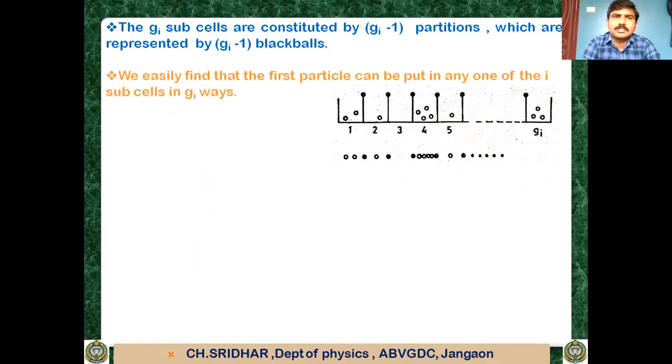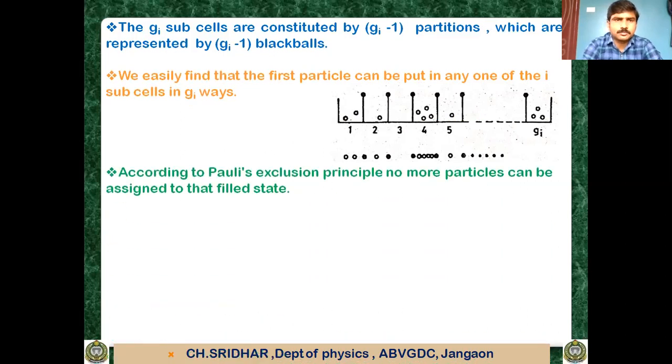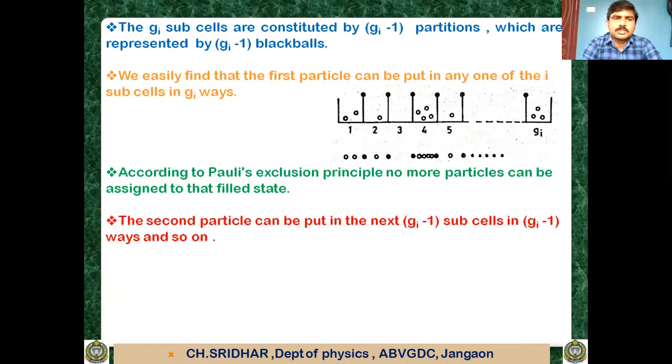So we easily find that the first particle can be put in any one of the Gi ways. According to Pauli's exclusion principle, no more particle can be assigned to that filled state. So the second particle can be put in the next Gi minus 1 subcells in Gi minus 1 ways, and so on and so forth.